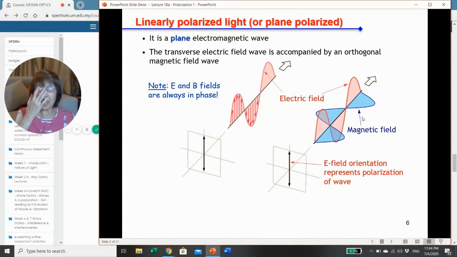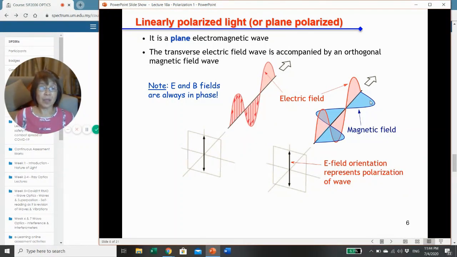So let's start with linearly polarized, or sometimes we call it plane polarized light. So for this particular light wave, the oscillation of the electric field is in a plane as represented here. And associated with the electric field, there's also the magnetic field, which is orthogonal to it.